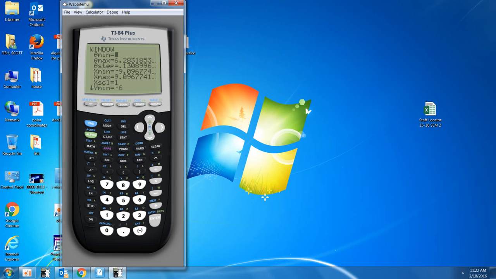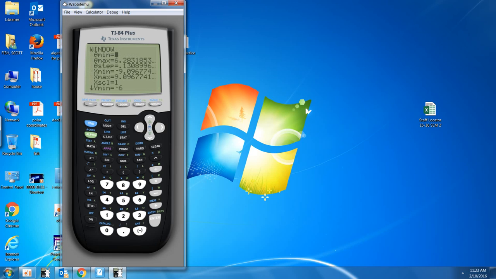Secondly, we have x min and x max. This is where it's important to know how far out your r is going to go. That's why you want to think about the graph and figure out what's your maximum r. On the graph that we have back here, the cosine of 3 theta is always going to be between 1 and negative 1, so r is going to be maximized at 4.